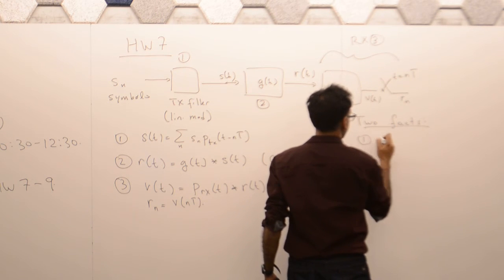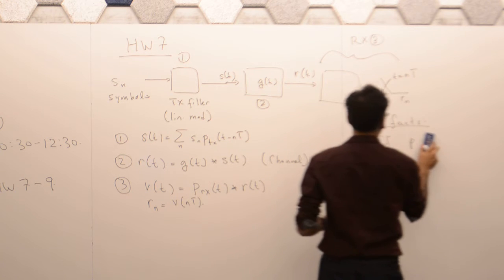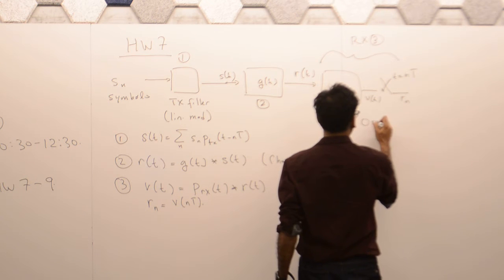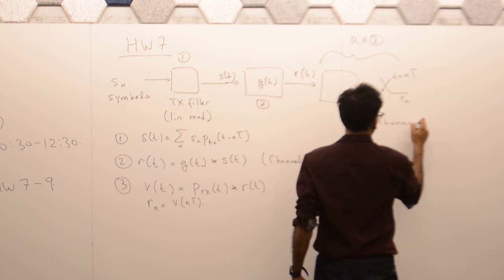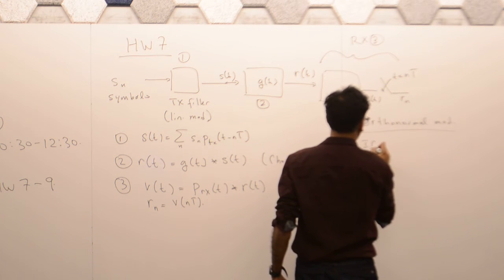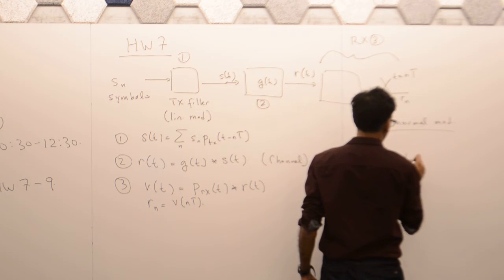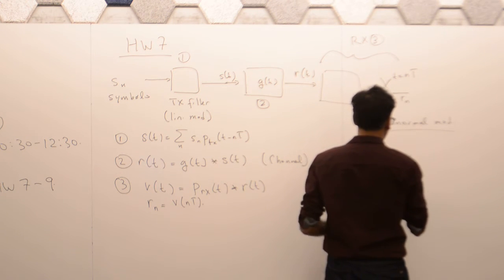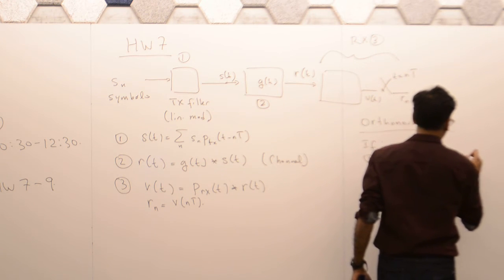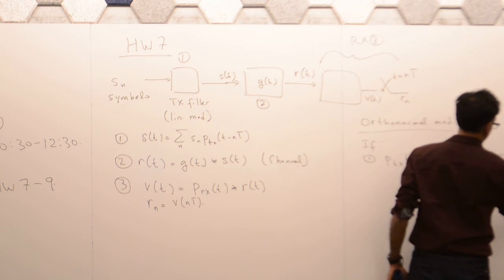First, if PRX, so there are 3 conditions which are true. The first thing is orthonormal modulation. If the following 3 conditions hold: 1, PTX of t minus nT is an orthonormal set.